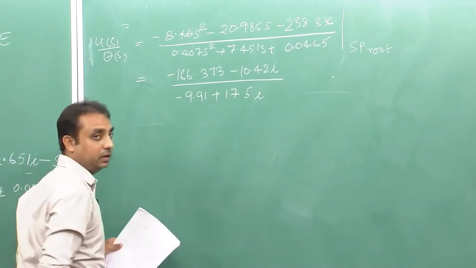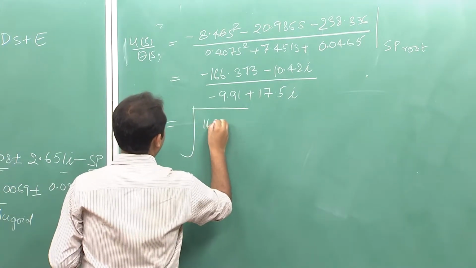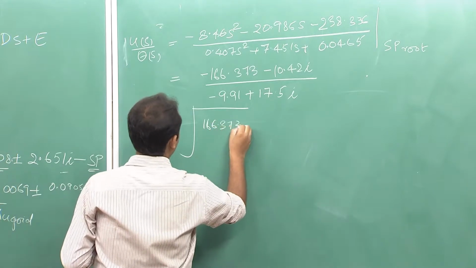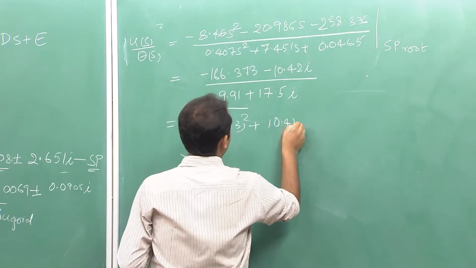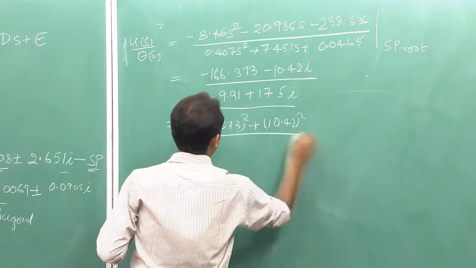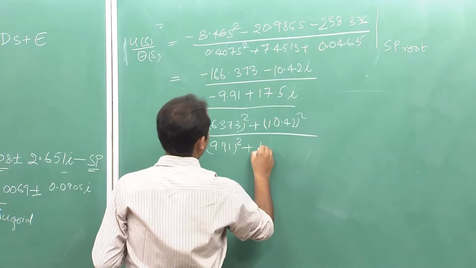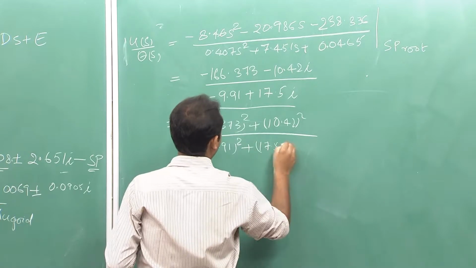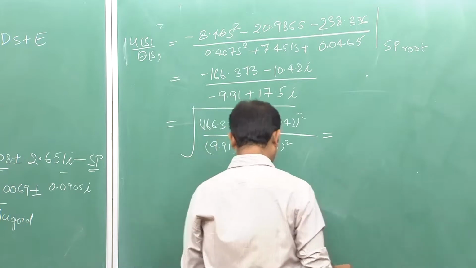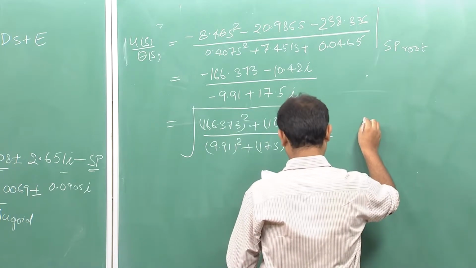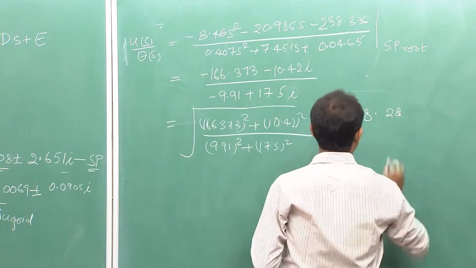Now, the magnitude of this complex number will be root under 166.373 square plus 10.42 square, divided by 9.91 square plus 17.5 square, which will come about 8.28.